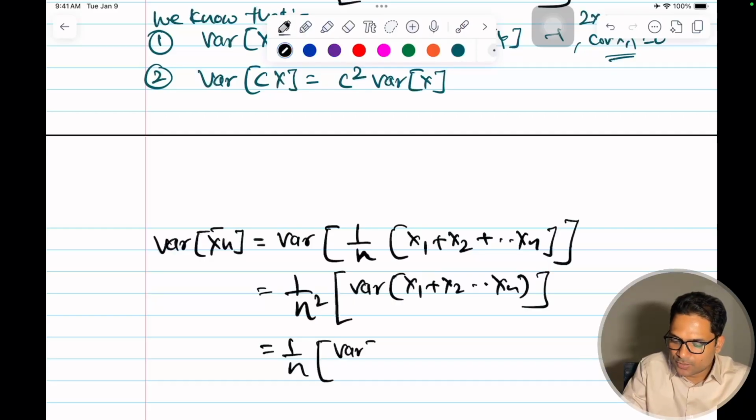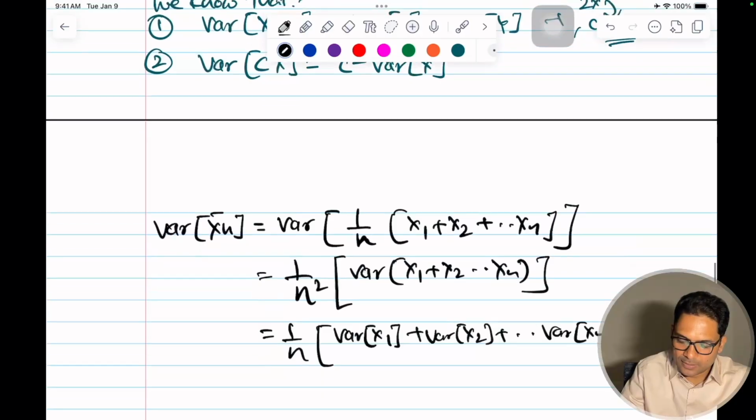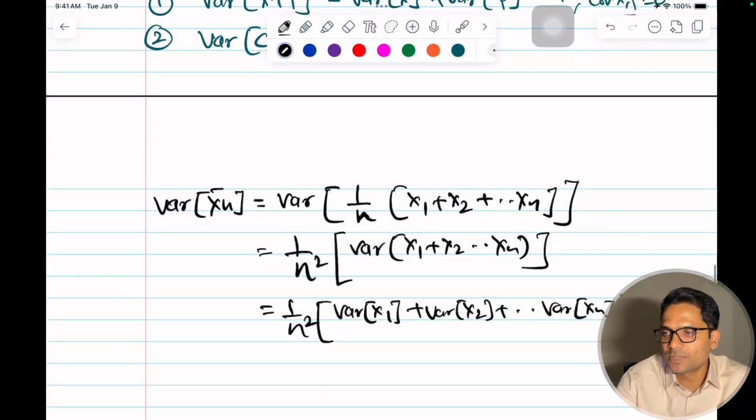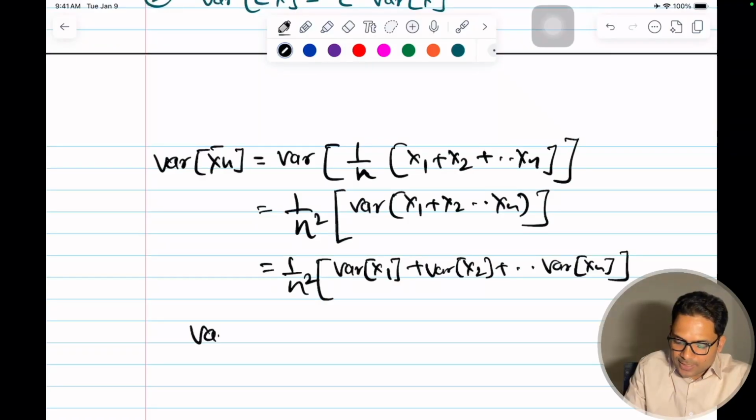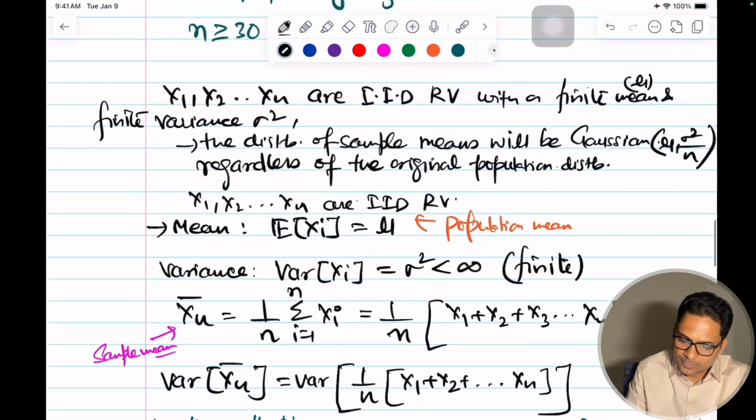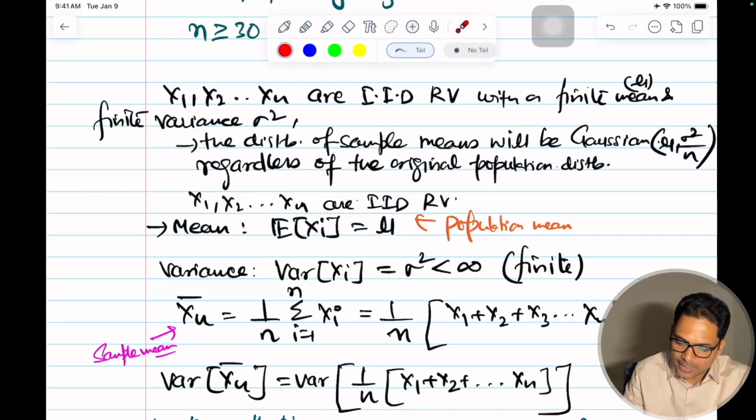This will be equal to variance of x1 plus variance of x2 plus so on till variance of xn, right? This is n square. Okay, let's not miss the term. And we know that variance of any xi for the sample is equal to sigma square. Yes, we have put this for any i.